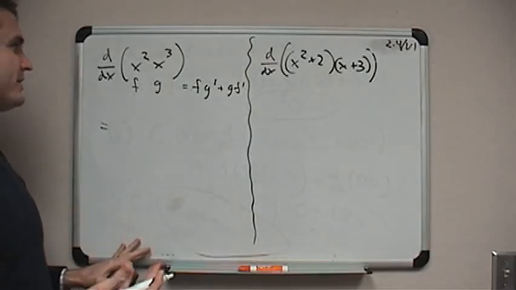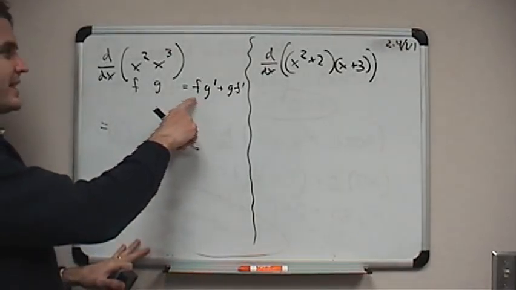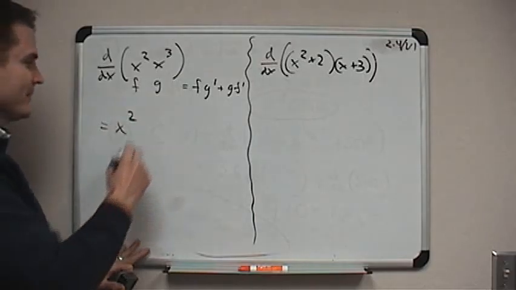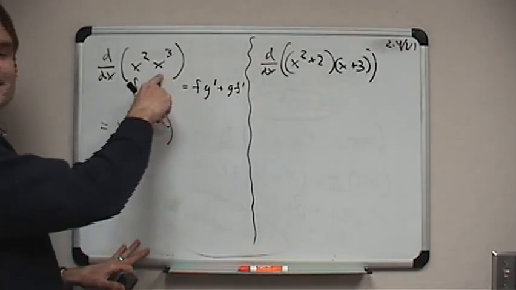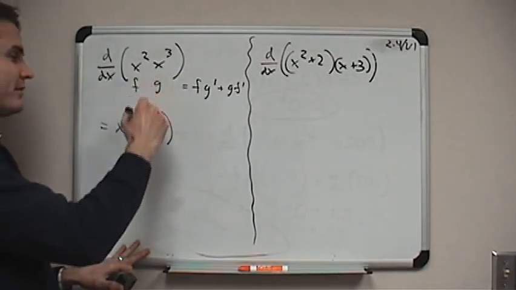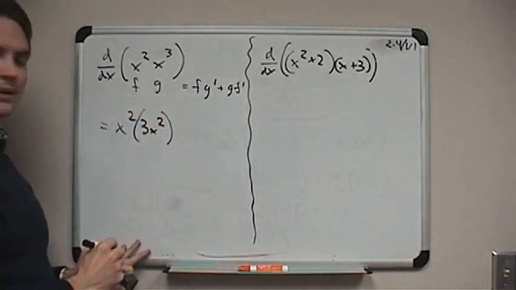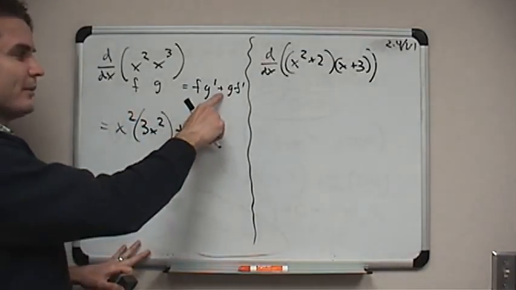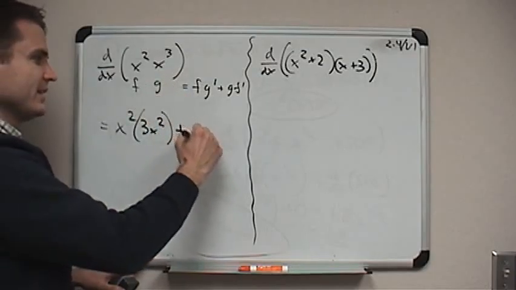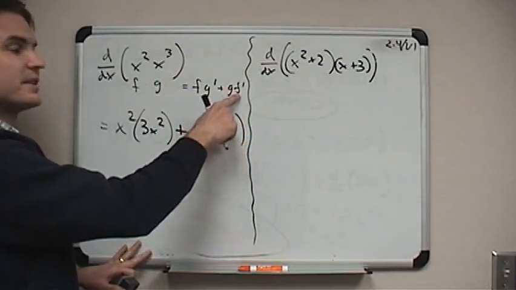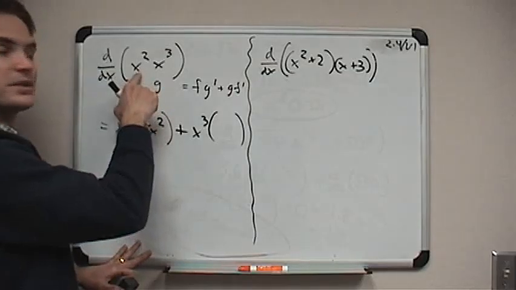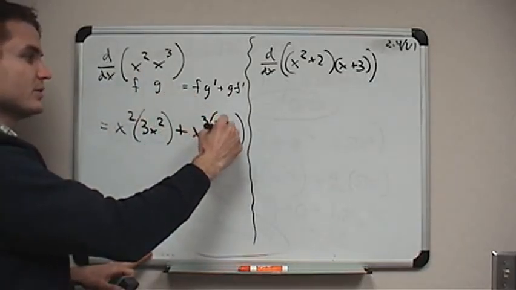So to compute the derivative here, the product rule says take the first function and write it down, and multiply it by the derivative of the second function. The derivative of x cubed is 3x squared. And then to that we add the second function, x cubed, times the derivative of the first, which, the derivative of x squared, is 2x.